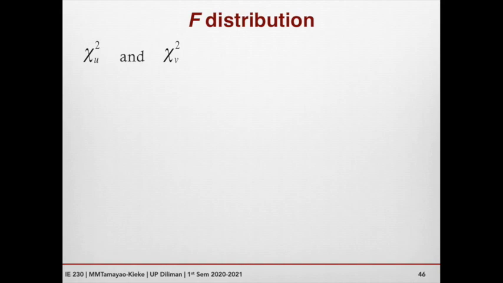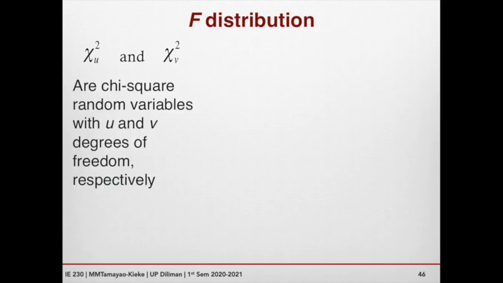For the last sampling distribution in this lecture, we have the f distribution. If chi-squared sub u and chi-squared sub v are chi-squared random variables with u and v degrees of freedom respectively, then the ratio F(u,v), shown here, follows the f distribution with u numerator degrees of freedom and v denominator degrees of freedom.